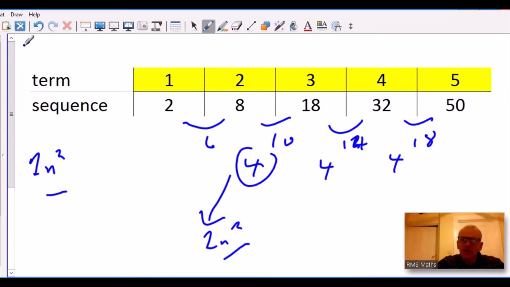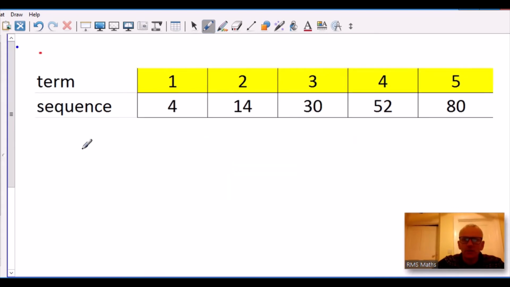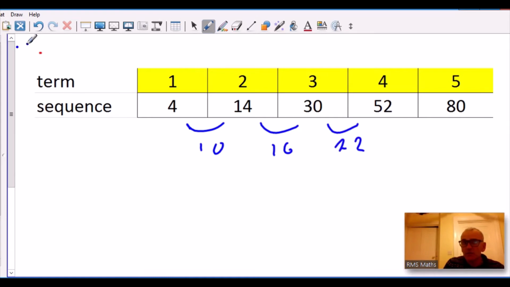So let's look at a slightly trickier one, to get the idea of how we can progress with this. Okay, so I've got another one here. Let's have a look to see what's happening. I'm going to do exactly the same and look at the differences. 10, 16, 22, and 28.